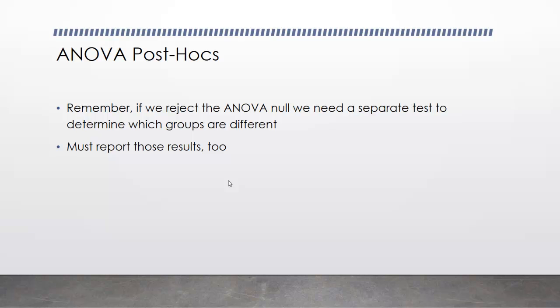Now remember, in an ANOVA, if we reject the null, we have to do separate tests called post-hoc tests to determine which groups are different from which other groups. And those results must be reported as well.